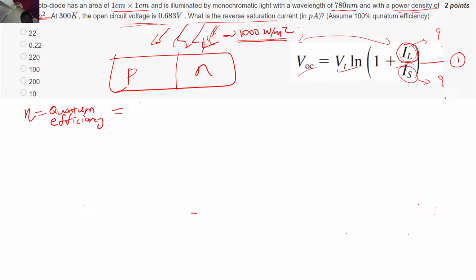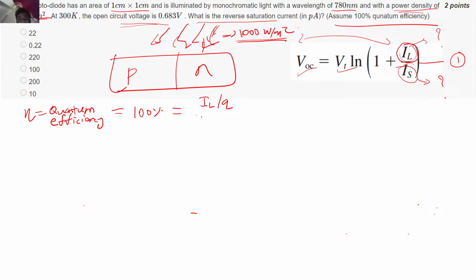It is the same as what I told you, right? The number of electron hole pairs that you get per number of incident photons, right? Yeah, correct. And it has been given as 100% in the question. And what is the number of electron hole pairs that I will be getting? If I have a current IL generated because of the electron hole pairs, then if I divide it by Q, I will get the number of electron hole pairs generated.